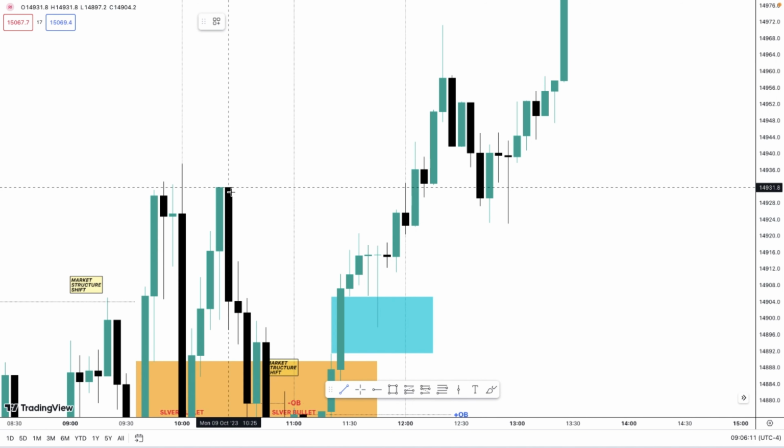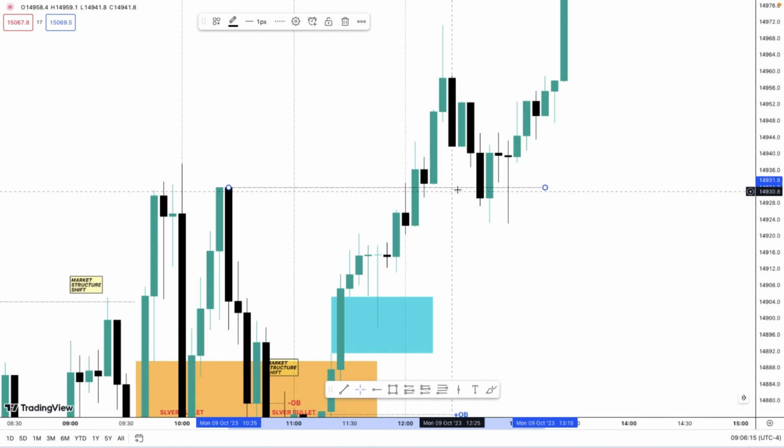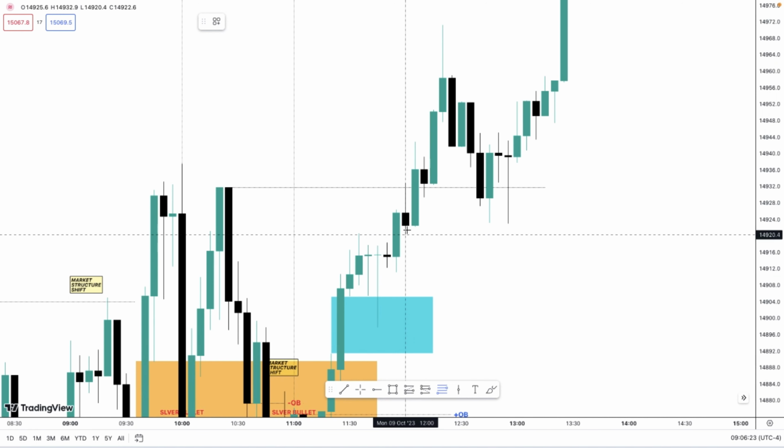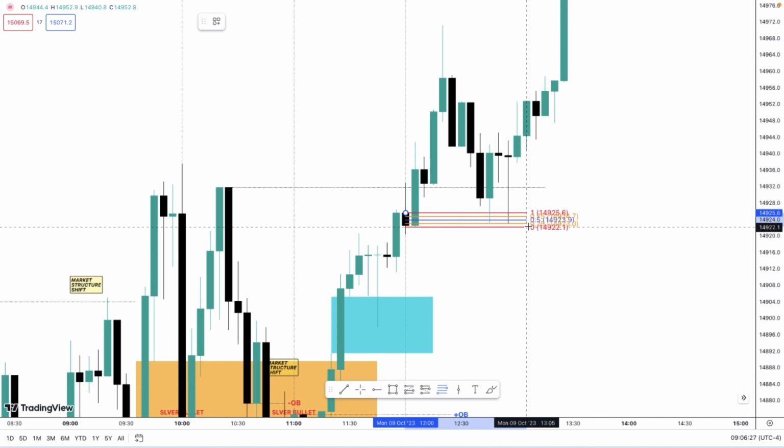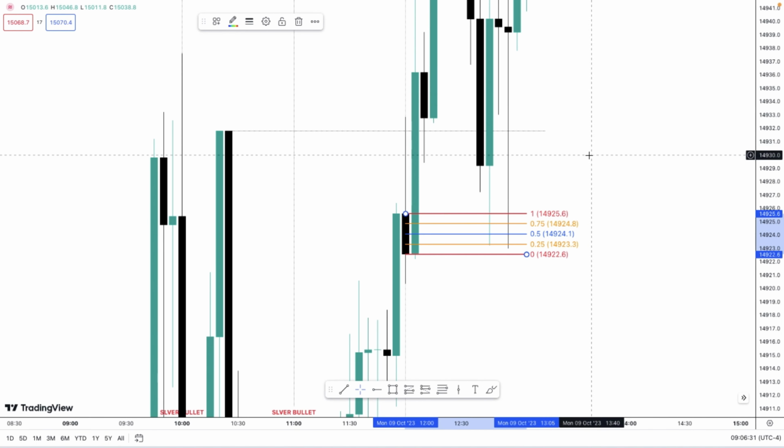As soon as it breaks out, this becomes an order block. So you can see how it kind of supports price. And then the midpoint of an order block is the main threshold. Many times you see price trading to the main threshold.